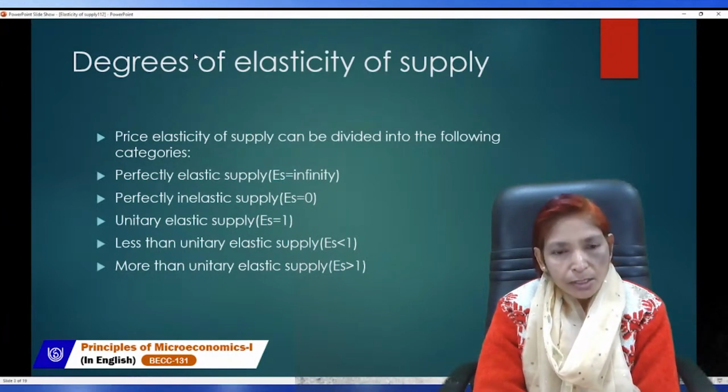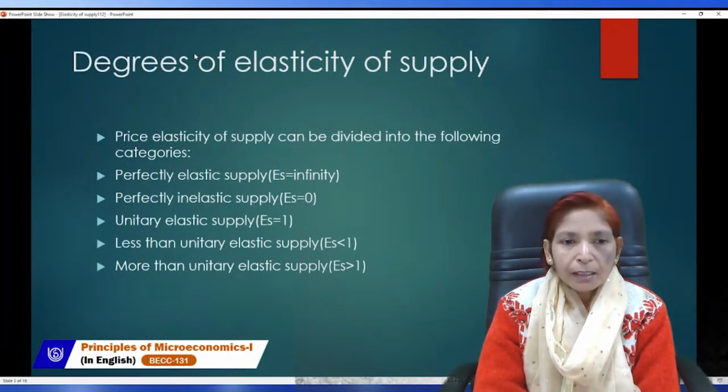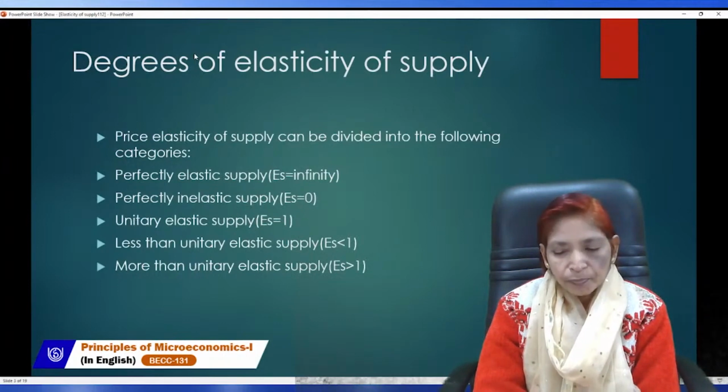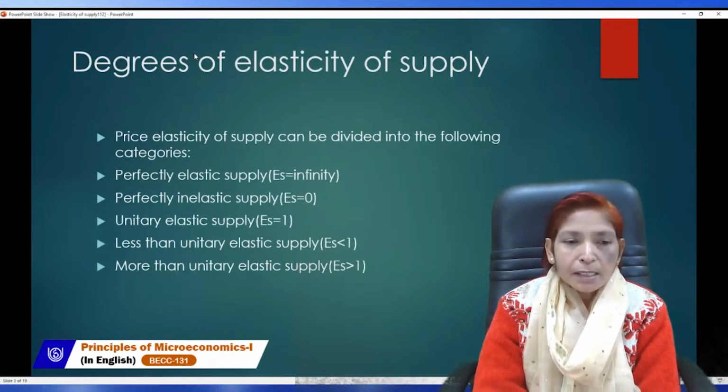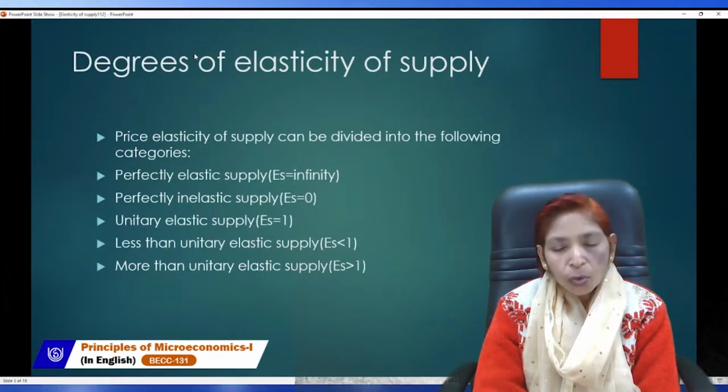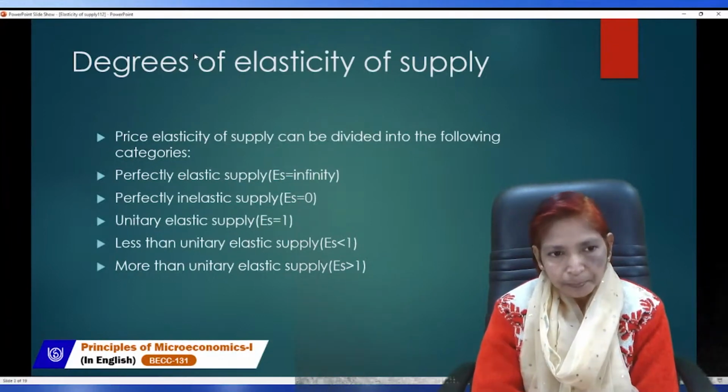If price remains constant, only supply varies. That is called perfectly elastic supply, which is equal to infinity. And as is clear by the name, inelastic supply shows no change in supply due to change in price. Either price rises or falls, supply does not change. That is called perfectly inelastic supply.